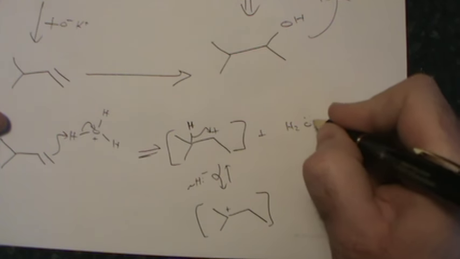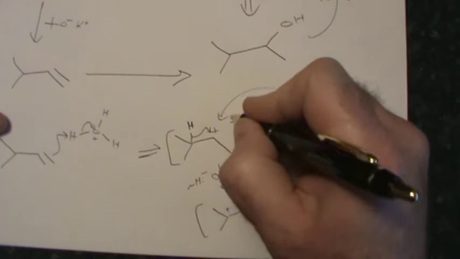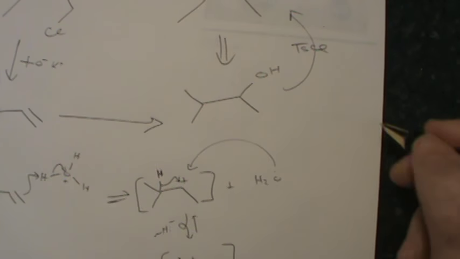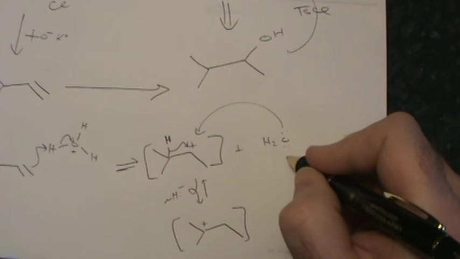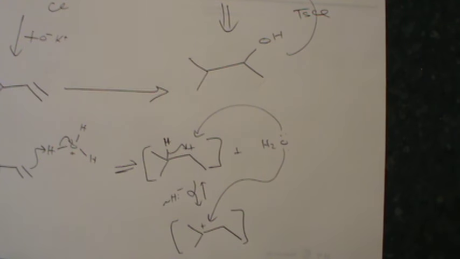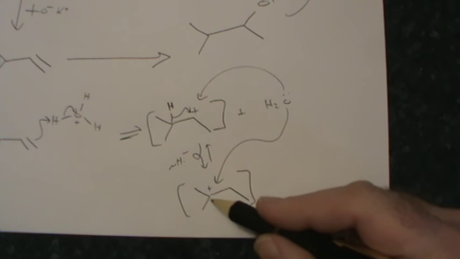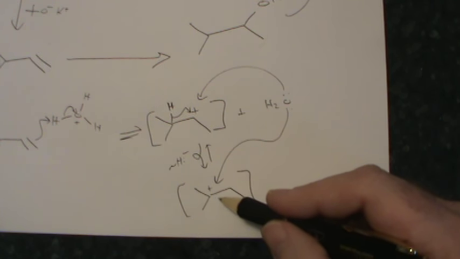And then when the water adds in, although it may add in to a small extent at the secondary site to give me ultimately the desired product, the majority of it will in fact add to the rearranged tertiary carbocation.